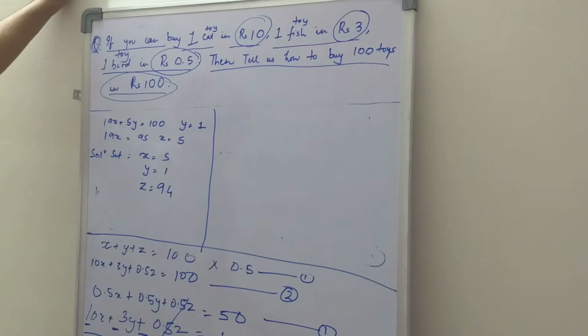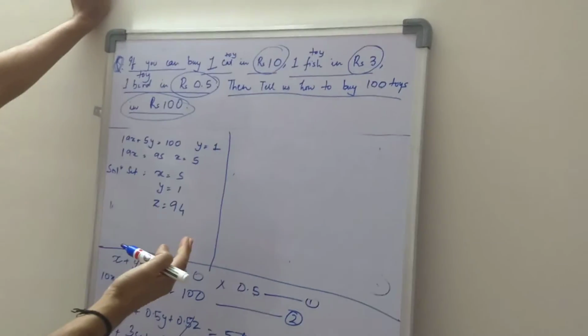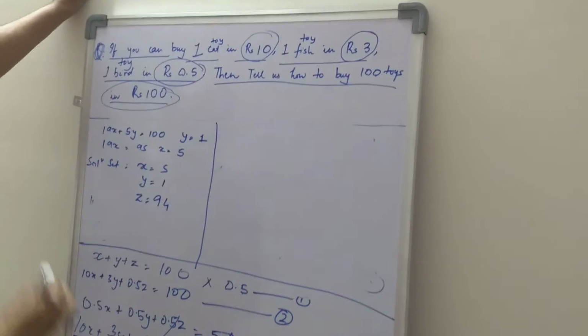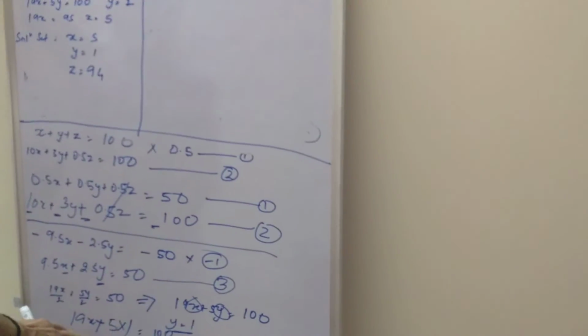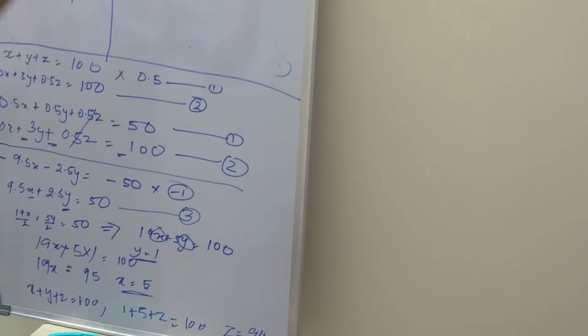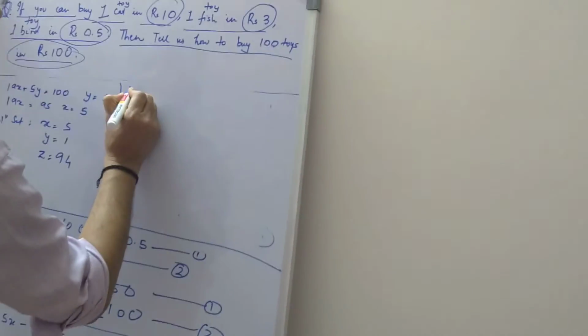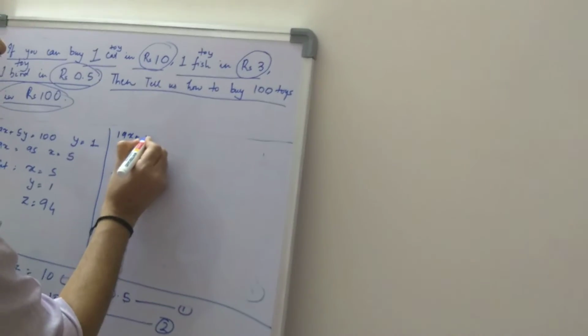Can there be more values for this? Yes, obviously there can be more solution sets, because there is one equation and two unknowns, which means there could be more values which will satisfy this. Now let's see, is it possible?